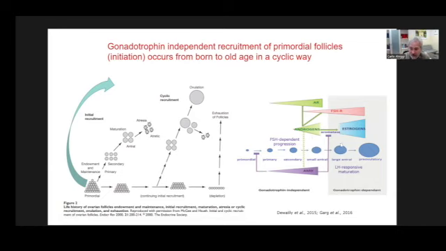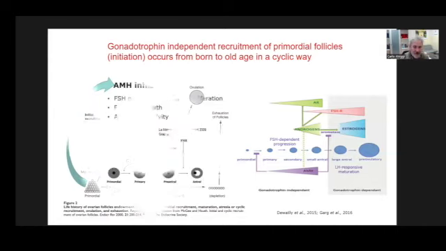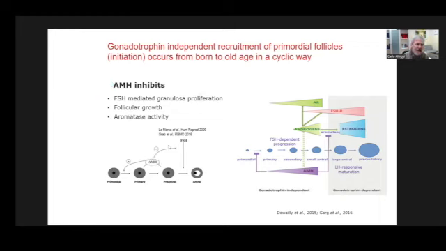And in the last steps of follicular growth, the role of LH becomes even more relevant than FSH for the final step of qualitative maturation of the follicle and, as a consequence, of the oocyte. So having this information in mind, I would like to summarize the role of anti-Mullerian hormone.